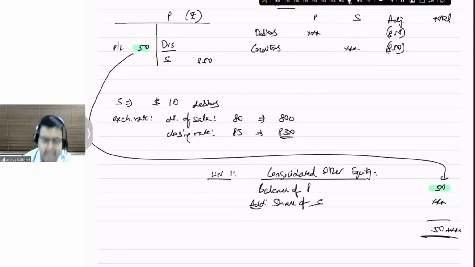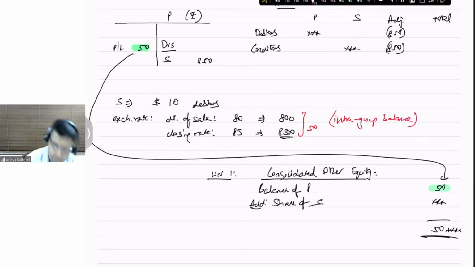Do I take it or do I eliminate it? Understand the question. This 50 arises on account of this conversion, and this conversion is basically an intra-group balance.